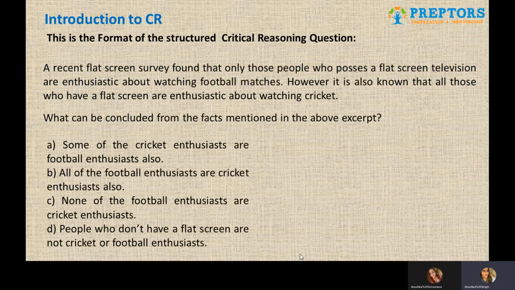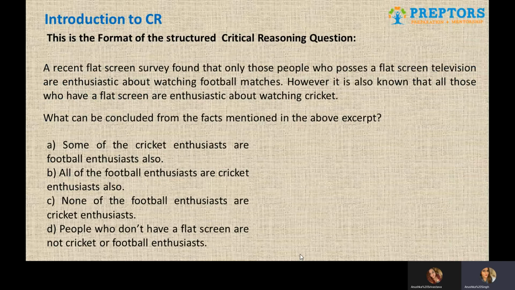These are my options. Now, when I say that I see a connection between football and cricket enthusiasts, I cannot in any way say that all the football enthusiasts are cricket enthusiasts, right? Because I don't have the quantity or anything mentioned in my passage which says it's all. So it will be a generalization, it will be too extreme. There has to be some connection between the cricket and football enthusiasts with respect to the flat screen television.